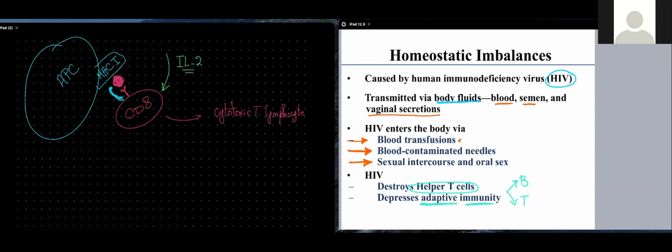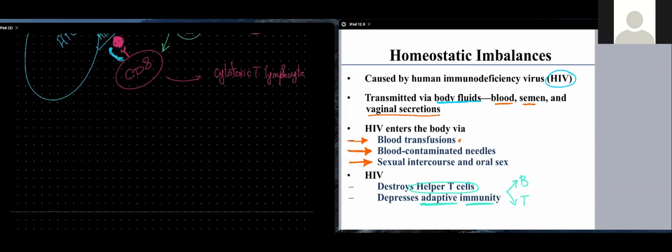So remember, the presence of interleukin 2 released from the helper T cells is essential for you to activate your CD8 cells that will become cytotoxic T cells.